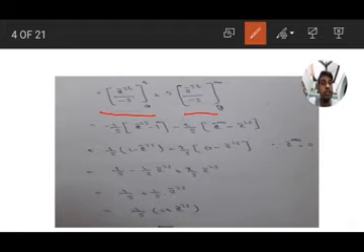First, minus 1 by s is outside. In place of t we substitute the limits: e to the power of minus 2s, minus e to the power of 0, whose value is 1.